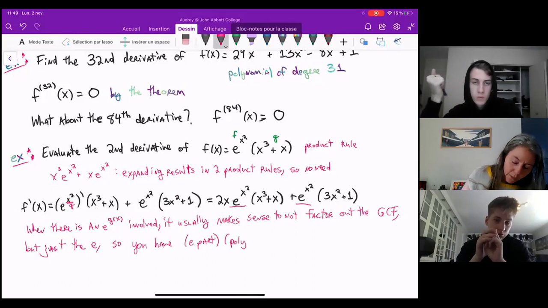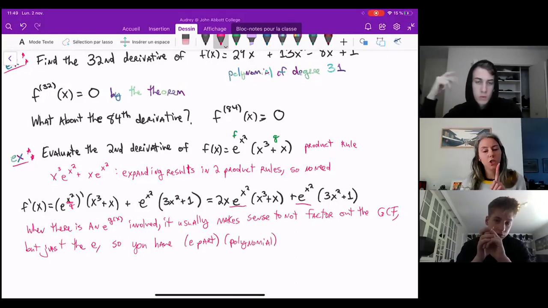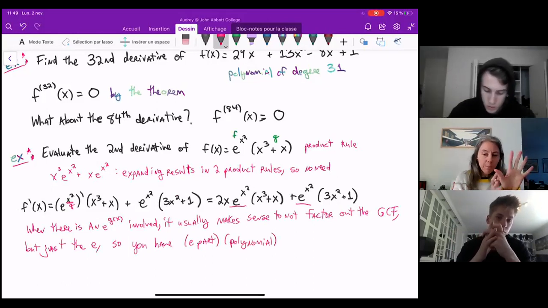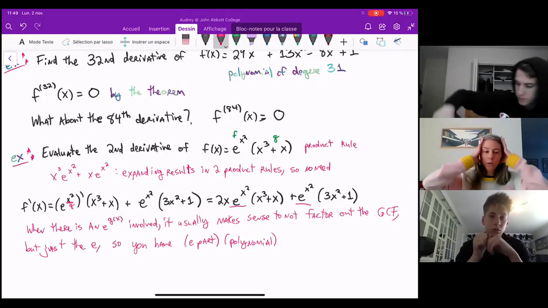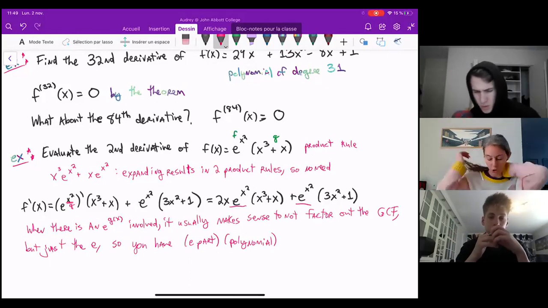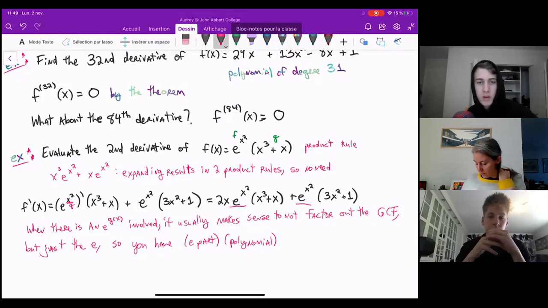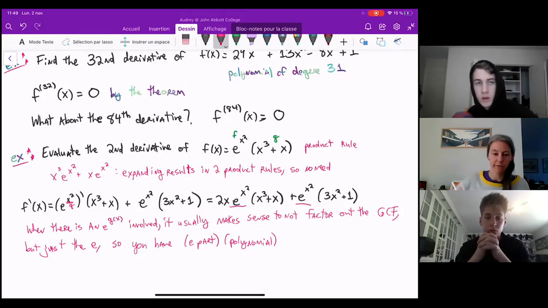That way you can find something that results in just one product rule where you have the e part times a polynomial. We're just going to factor out the e and see how we can turn this into the simplest derivative possible.